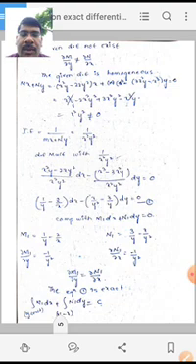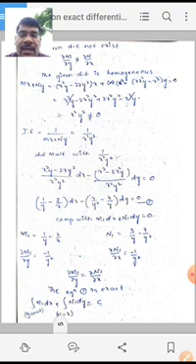This is in the form of M1 dx + N1 dy equal to 0. Here M1 equal to 1/y − 2/x, N1 equal to 3/y − x/y². Here ∂M1/∂y is equal to −1/y², ∂N1/∂x is equal to −1/y². Here ∂M1/∂y is equal to ∂N1/∂x. The given equation is exact.